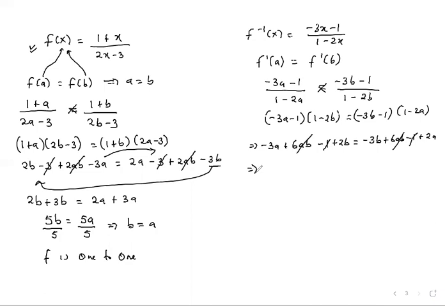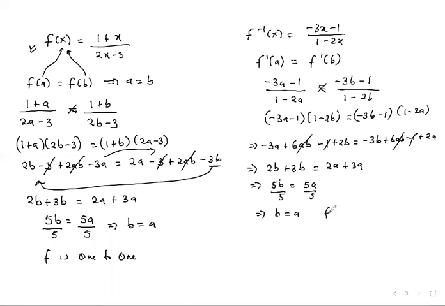Then we put together like terms. So we have 2b + 3b is equal to 2a + 3a, giving us 5b is equal to 5a. Divide by 5, then we get b is equal to a.